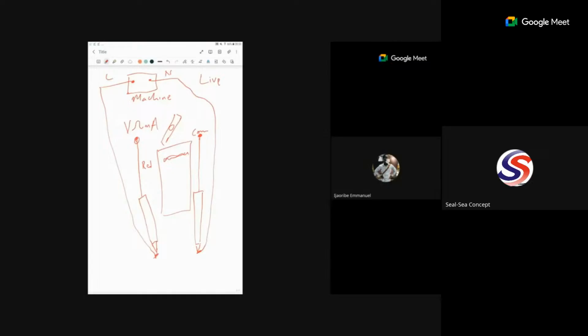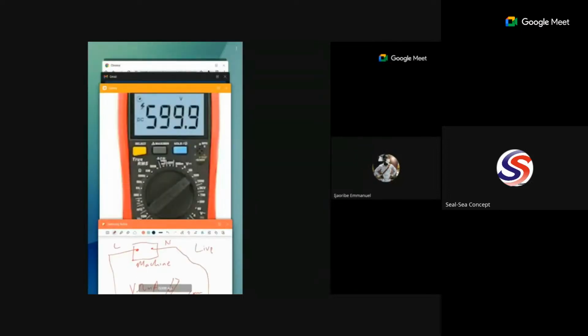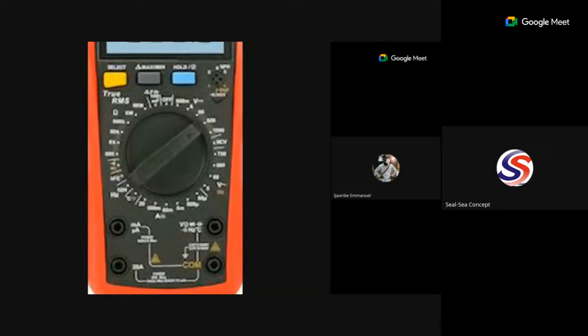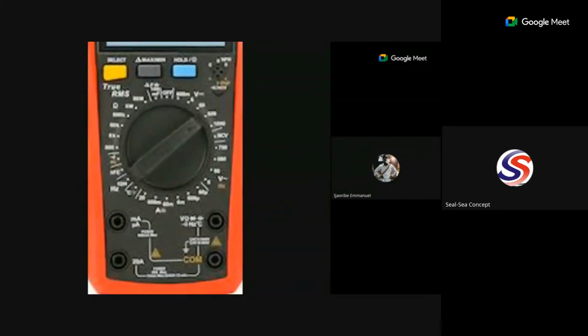The same thing you will do when you want to test for current. You go back to your knob. Okay, you look for current. That's the ampere. Like, you look for it. Okay, it's somewhere down here.